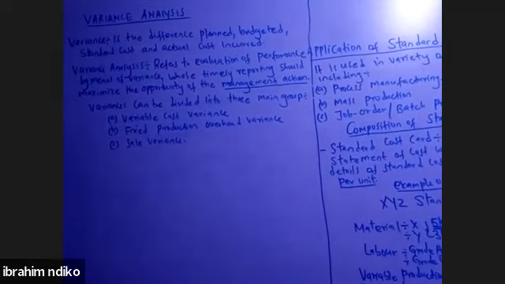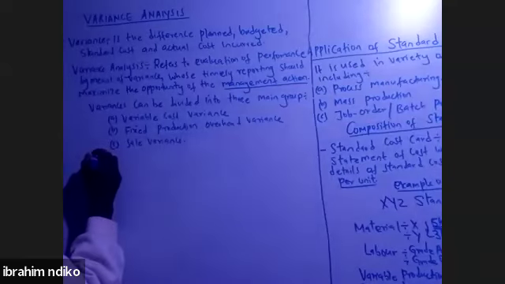Now let us state some of the types of variance as we continue. Let us start with the first one, total direct material cost. Hapa ndio kuna kazi.